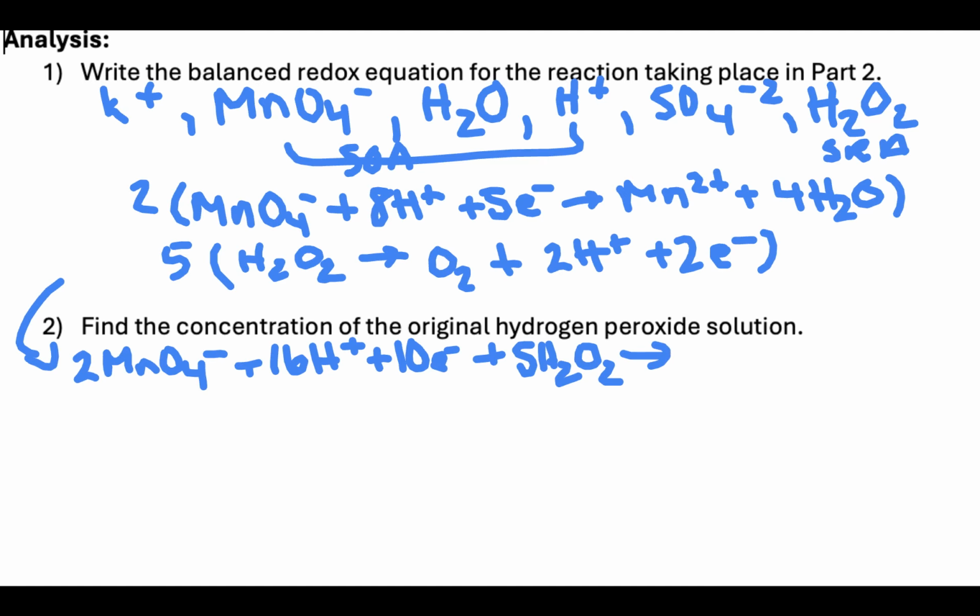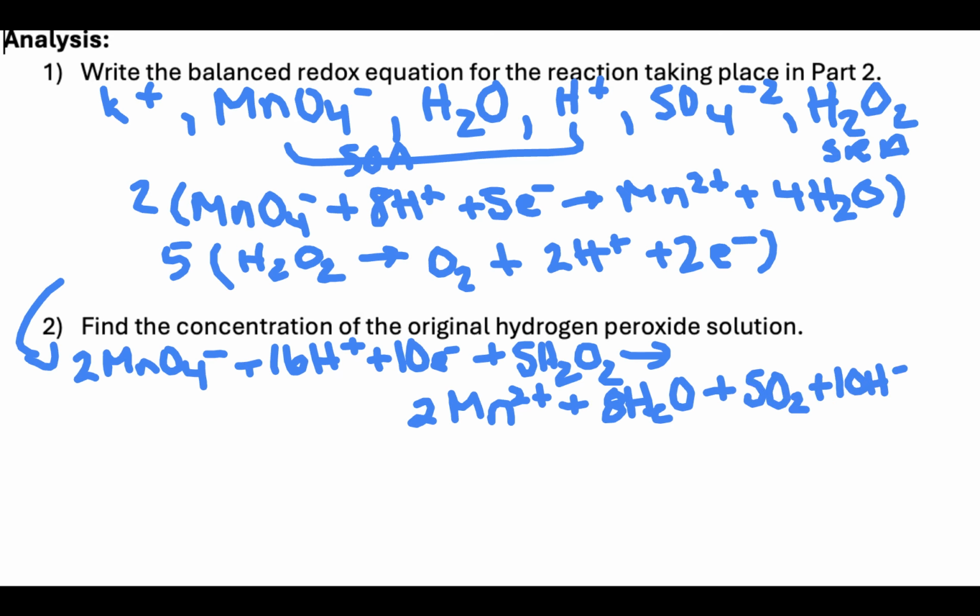And then your products will be 2 Mn2 positive plus 8 water molecules plus 5 O2 plus 10 hydrogens plus 10 electrons. Then we want to reduce what we can, and what we can reduce is the 10 hydrogens here with 10 out of the 16 on the left-hand side. You'll also notice that your electrons cancel. So now we have that balanced redox equation, and now we can start to organize our information.